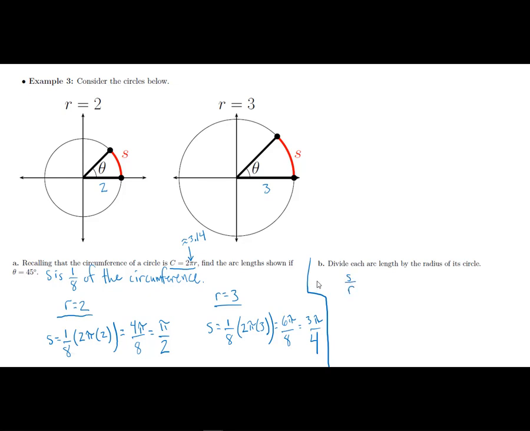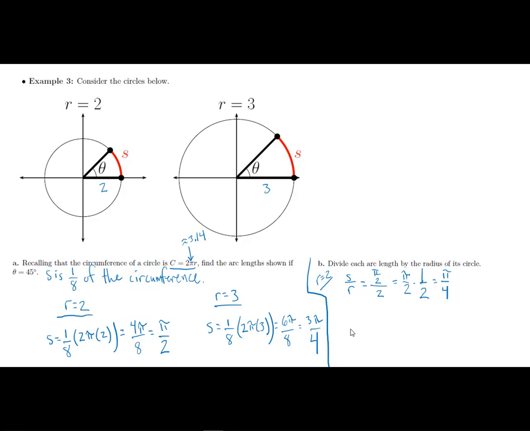If we do this for r equals 2, we saw that the arc length was pi over 2 for that arc, and then dividing it by 2. Of course, that's not simplified, so let's do a better job. Dividing by 2 is the same as multiplying by its reciprocal, so this is just pi over 4.